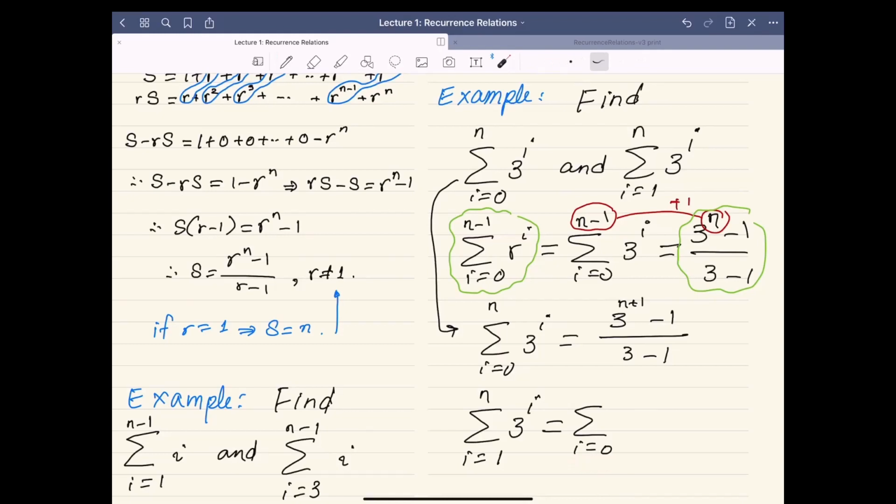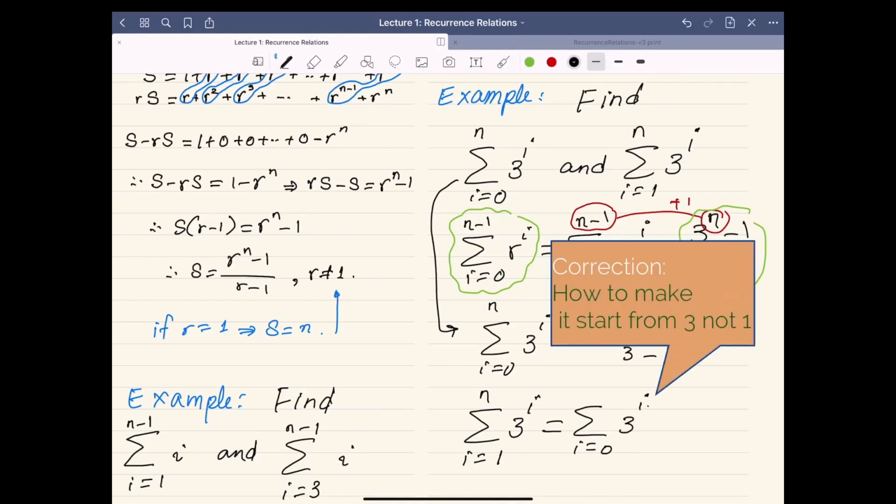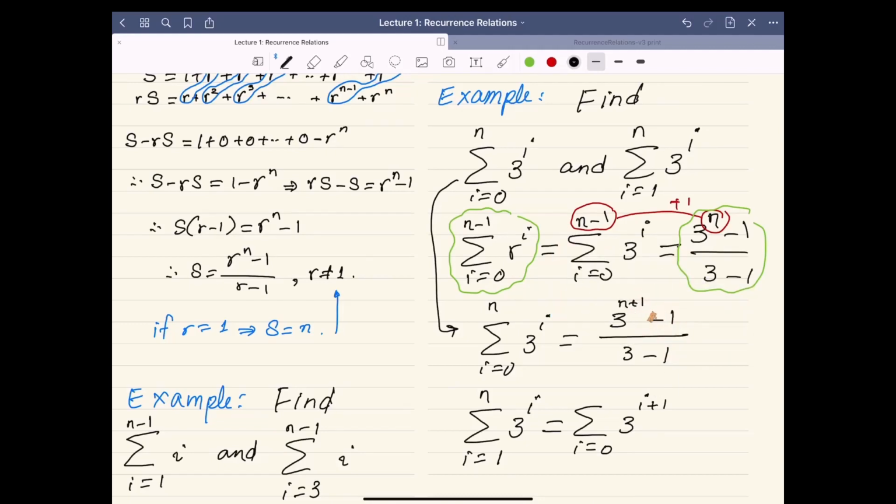I need to make the adjustment, because if i is equal to 1 on the left-hand side, the first value for 3 will be 3 raised to power 1. So if I put just 3 raised to power i, then the first value will be 1, not 3. So how to make it start from 1? So we add 1. So here now if i is 0, then we will have 3 raised to power 1, which both will start from the same number.